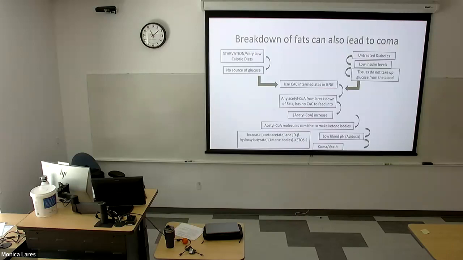People used to say, oh my gosh, low fat, but I think the verdict is out that we need fat in our diet to help us absorb certain nutrients and that it helps us feel fuller. But again, this is the extreme, this coma or death. The keto diet is a less drastic version of what's going on here.